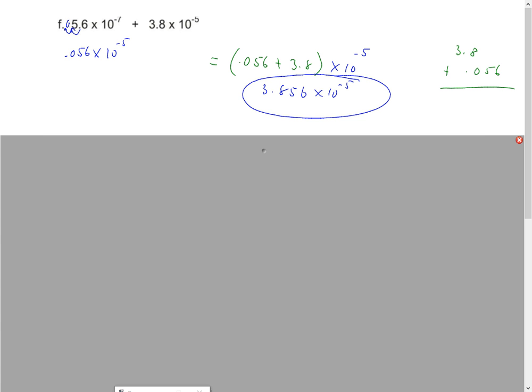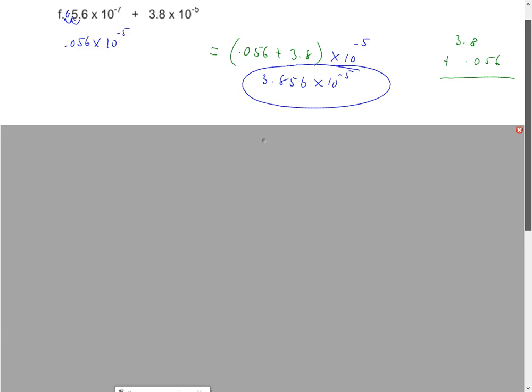If this would have ended up 38.5, we'd move it to the left and make this smaller. Therefore, we make the power bigger. They always go opposite. If you just remember that, you can be okay. They go opposite. All right, that's that one. That's adding and subtracting. Guess what we get to do next? Multiply and divide. Ooh. Yeah.